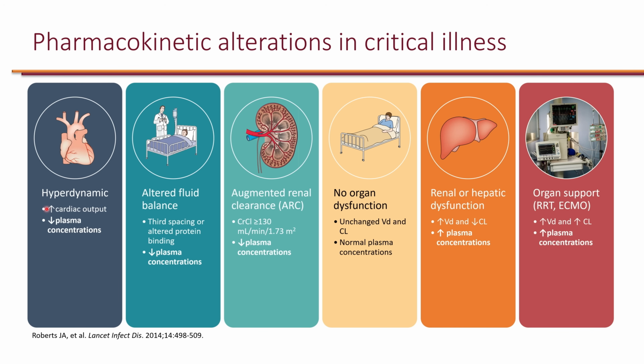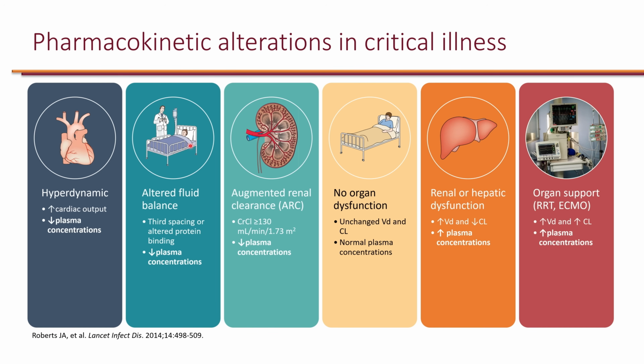If the cardiac output is increased, because we want to bring the blood pressure back to normal, so the patient doesn't go into shock, or the patient is already in shock and we're trying to bring them out of shock, that can increase perfusion to other organs such as the kidneys and can lead to increased elimination of the drug, so your plasma concentrations may be lower. So this is something to consider, which means that in the ICU you may need higher doses of the drugs.